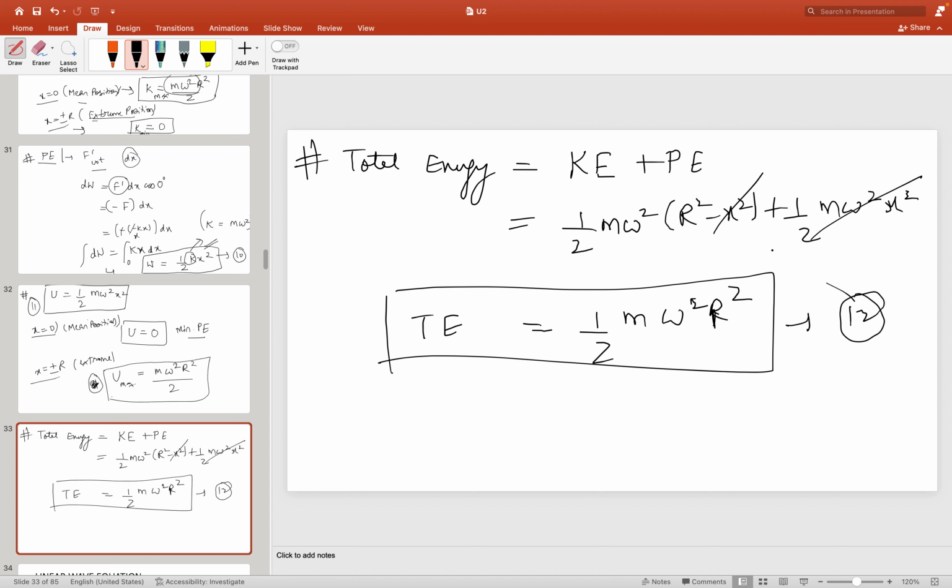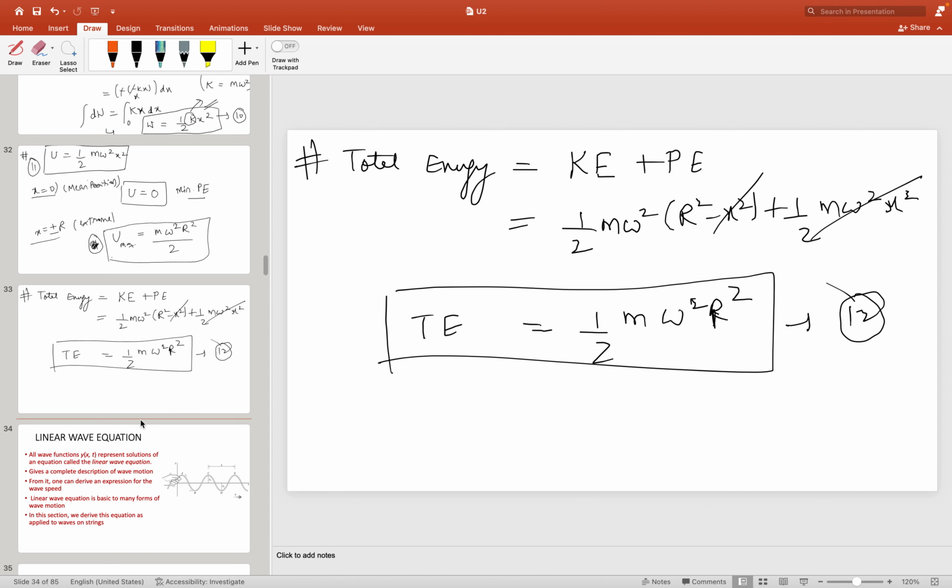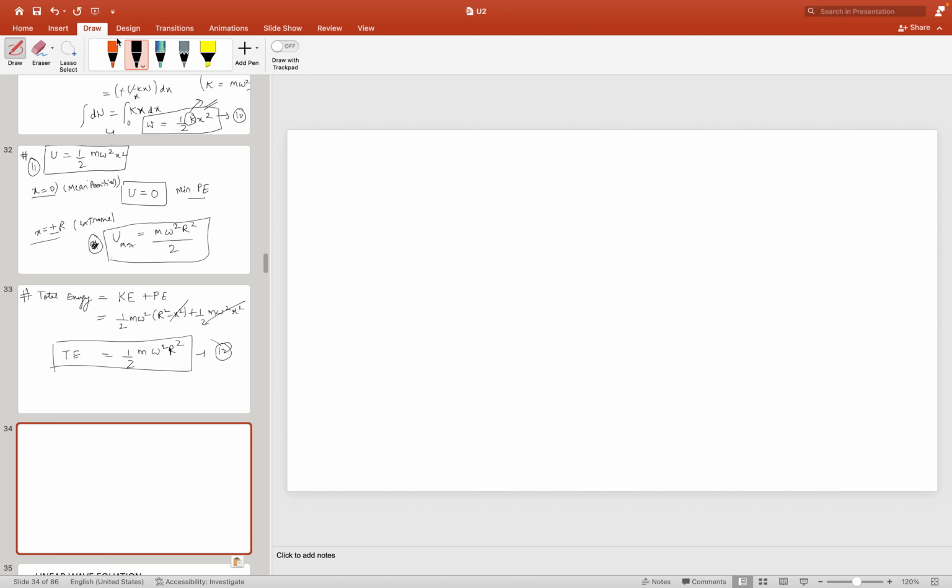Now we have got the equations for kinetic energy, potential energy, and total energy. Now our next task is to plot the graph between all three energies with respect to displacement x. Okay, let us start with the plotting of graph.